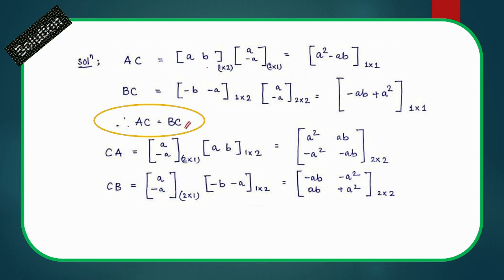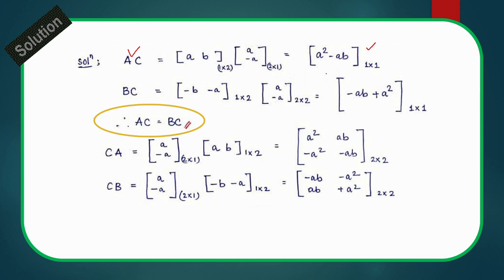So moving on to the solution, we have to find what is the correct option. So if we multiply AC, we will get this. You can see 1 cross 2, 2 cross 1, so you can multiply them. So A into A square minus AB.